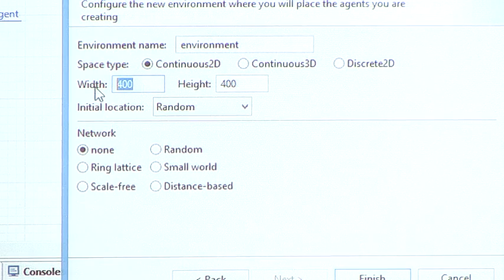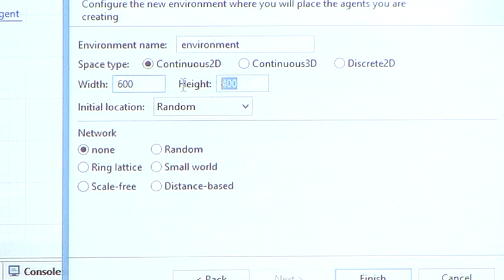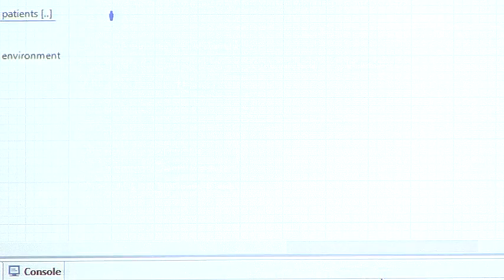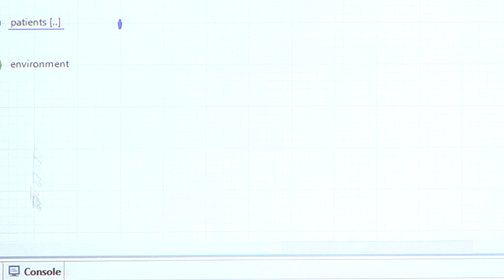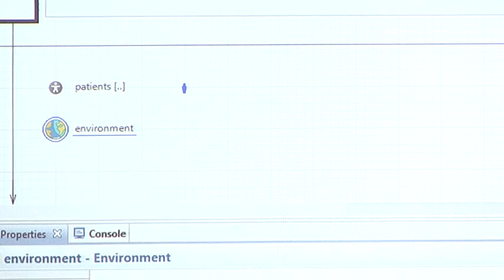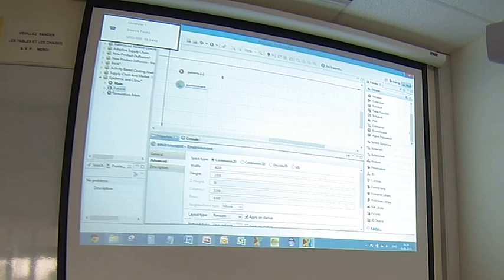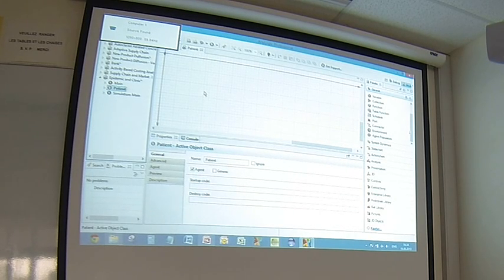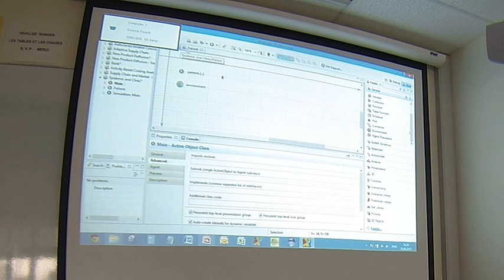Just for visual purposes, I will have a rectangular space for the agents. Okay, that's it. So this wizard created for me a collection of agents, the environment where agents live, types of space, network, etc. And you can see in the model tree there is another object, Patient. I have two editors now, one for Main, one for Patient.